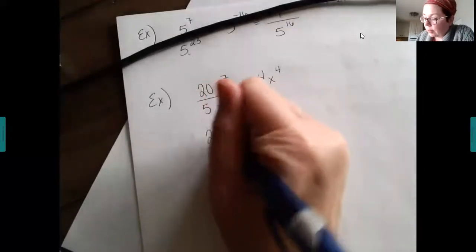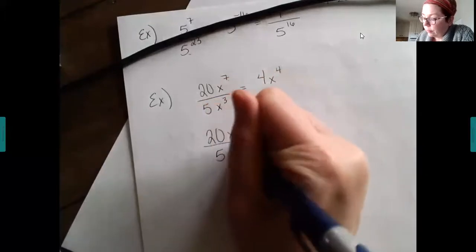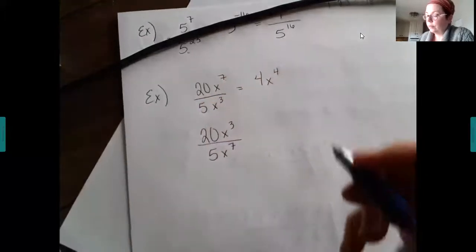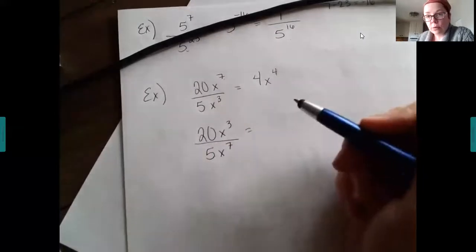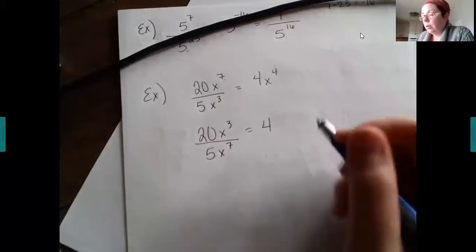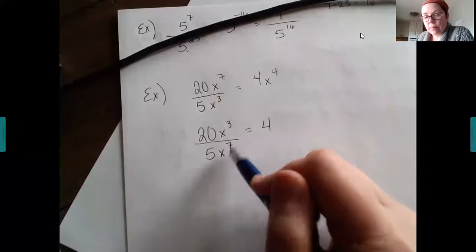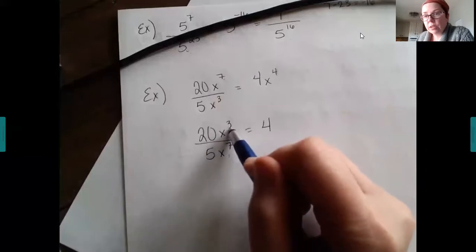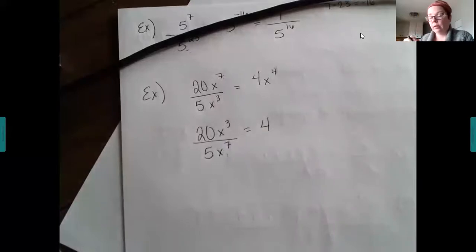If we had something like this, okay, 20 divided by 5 is still 4, big whole 4. But now we see that we have more x's on bottom than we do on top. So this is where our two guys are going to get divorced, okay?